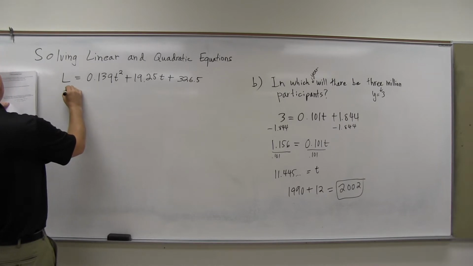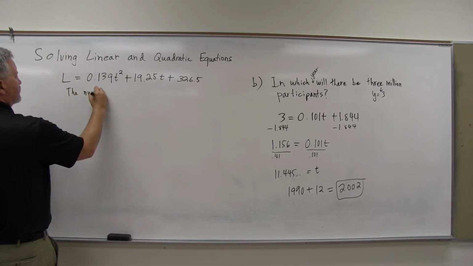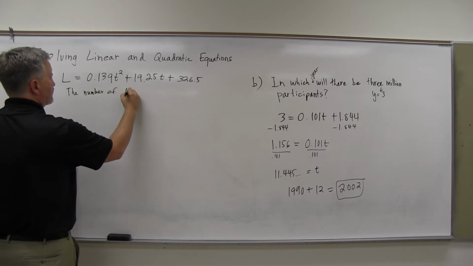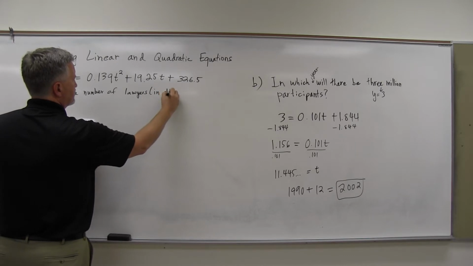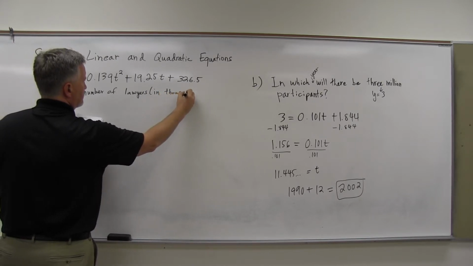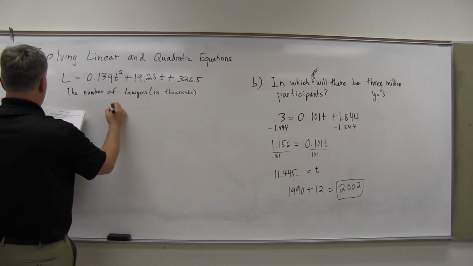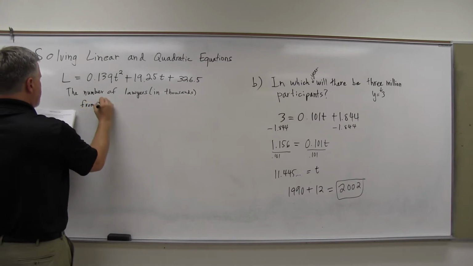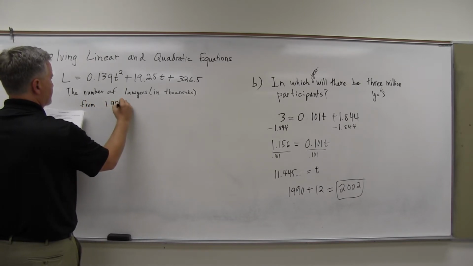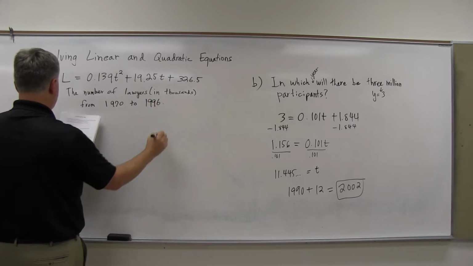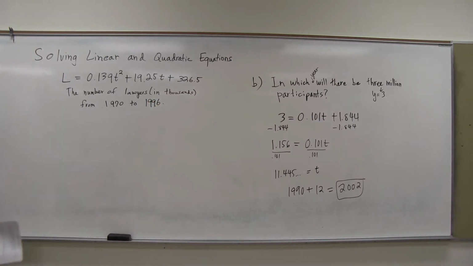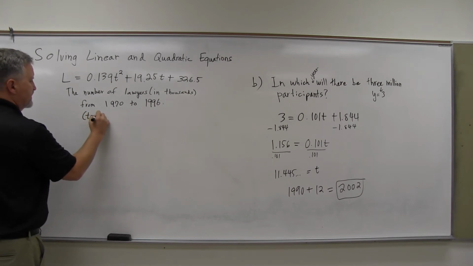This is the number of lawyers in thousands from 1970 to 1996 in the U.S. T equals 0 was 1970.